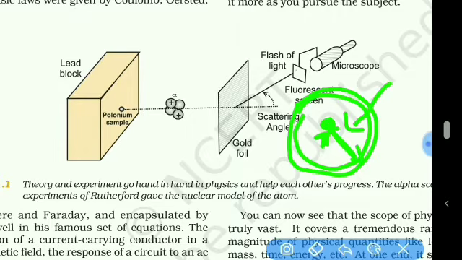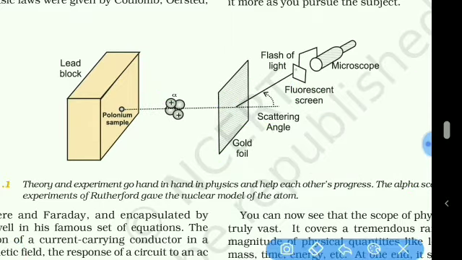So most of these alpha particles move through this empty space, and due to repulsion with the nucleus, because the nucleus is of positive charge and the alpha particles are also of positive charge, when these alpha particles move head on towards the nucleus, they repel and bounce back.